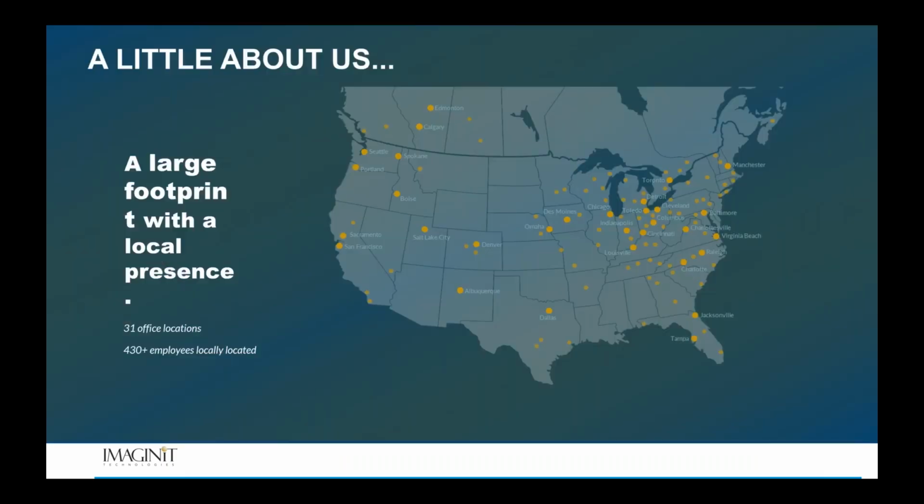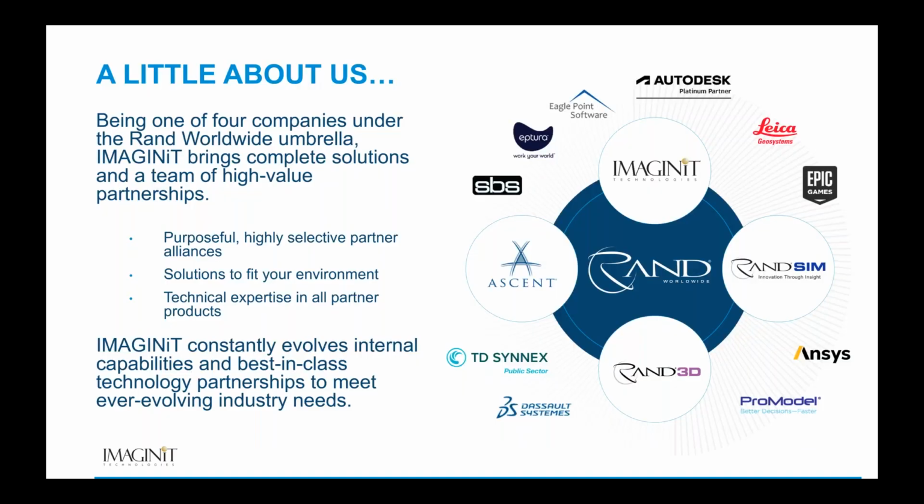So a little bit about Imagine. So again, we're one of the largest resellers, if not the largest in North America, with a large footprint, offices all over the country and Canada, as you can see here. And again, our actual parent company is Rand Worldwide. Imagine It, though, is actually the largest part of the company and really our Autodesk wing of things, but we do a lot of other things, including manual creation, support center, Rand Simulation software, Rand 3D.